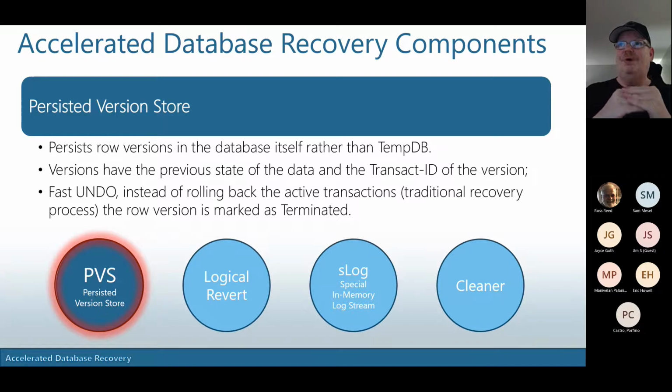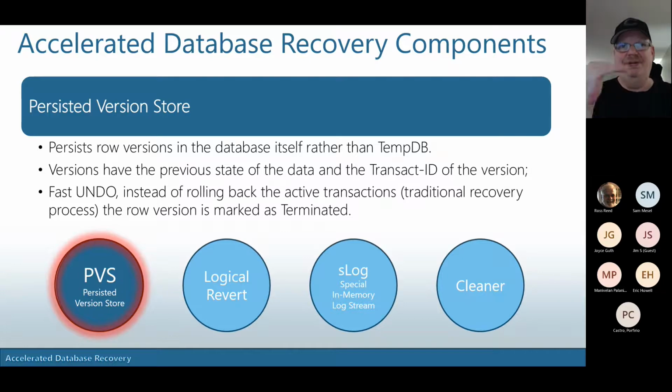And the versions will have the previous state of the data and a transaction ID of the version of that record. So as people are working, we'll have the row, and then what's the previous version of that row. You can kind of think of it like OneDrive or stored files, where you want to restore to a previous version of the file. That's kind of what this is doing. I just want to possibly restore to a previous version of that row if there's a problem.